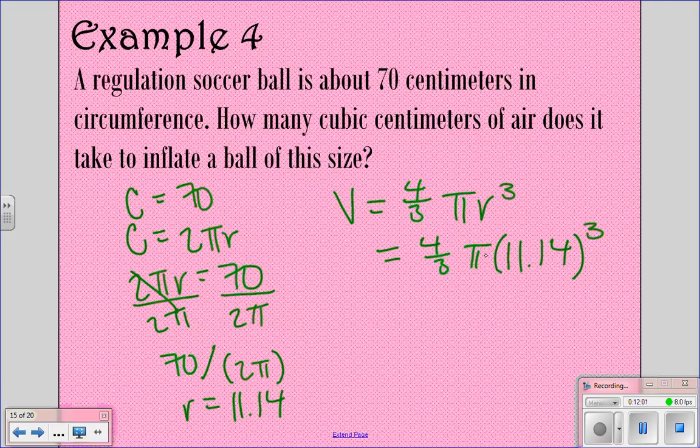And so then you're going to multiply it by 4/3 and then multiply it by pi. And so if you do that, you should get 5,792.19. And it didn't say where to round, so we're just going to go to 2 decimal places since it didn't specify. And then we're going to have centimeters cubed. So that would be your answer for that one.